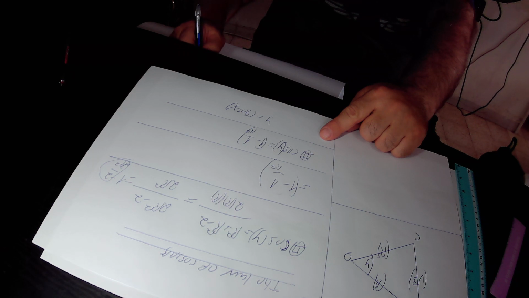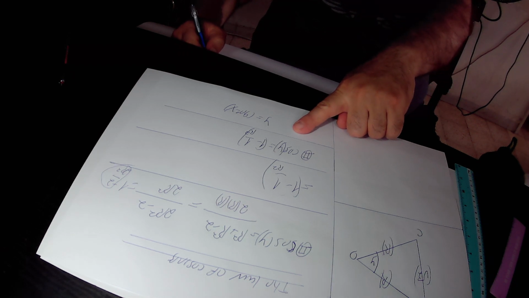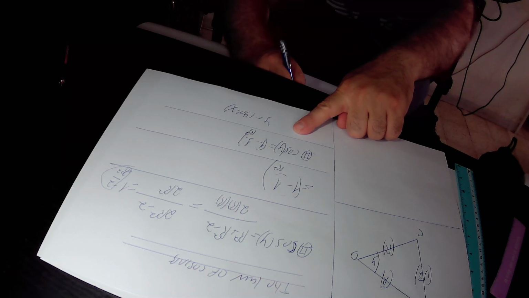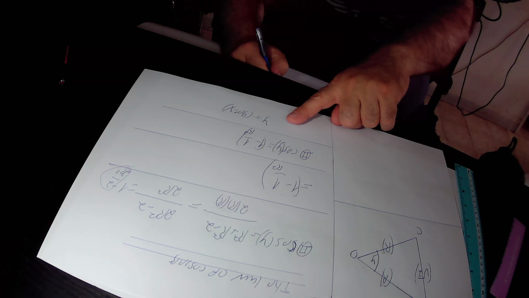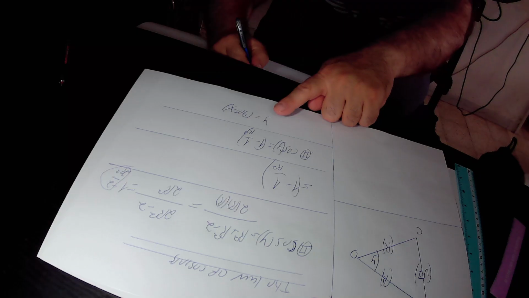So now we substitute y in this equation 2 by 90 degrees minus x. And we get that cosine y, which is cosine of 90 degrees minus x, is equal to 1 minus 1 over R squared.